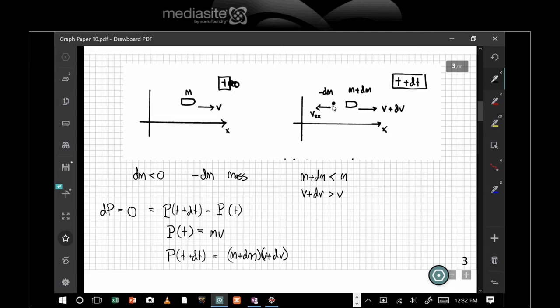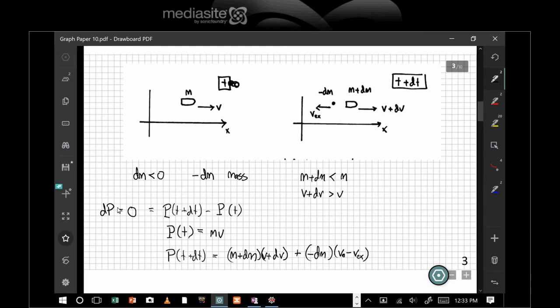Here I have two things in the system, the little ejected fuel and the rocket itself. So I need to include the mass of the fuel. Remember, dm is a negative number, and the mass is always positive, so I need that minus sign there. And the speed it actually ejects at in the fixed frame is v minus the exhaust speed.